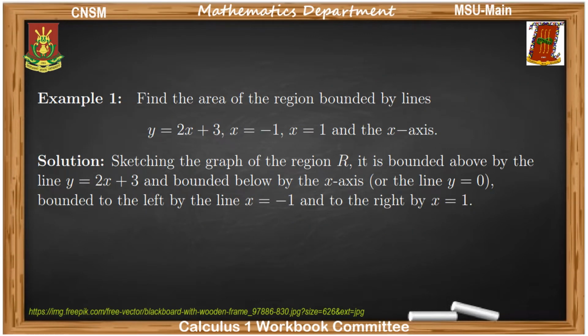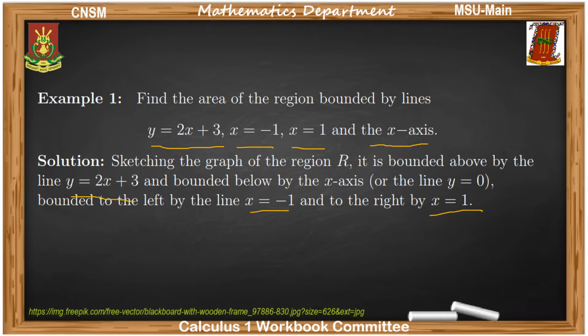So example number 1. Find the area of the region bounded by the line y equals 2x plus 3, x equals negative 1, x equals 1, and the x-axis. So this is the solution. We need to sketch the graph. Sketching the graph of the region R, it is bounded above by the line y equals 2x plus 3 and bounded below by the x-axis, or the line y equals 0, bounded to the left by the line x equals negative 1, and to the right by x equals 1.